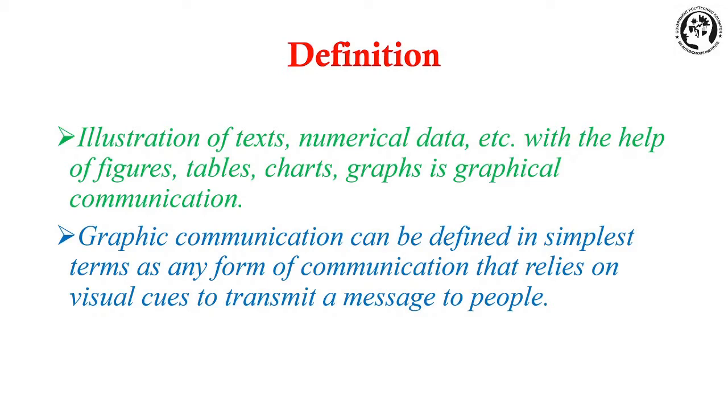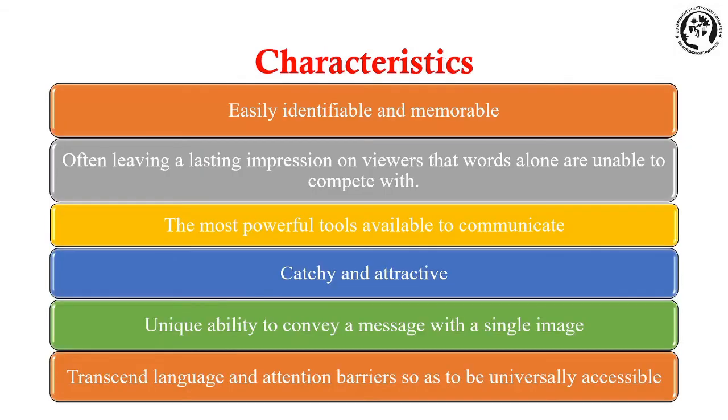The second definition is graphic communication can be defined in simplest terms as any form of communication that relies on visual cues to transmit a message to people. It is represented in pictorial form in graphic communication. Furthermore, it assumes a variety of forms to serve various communication purposes.